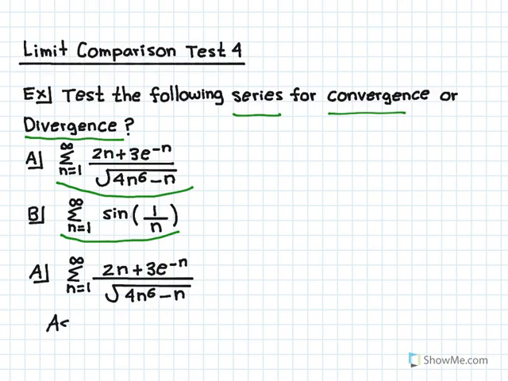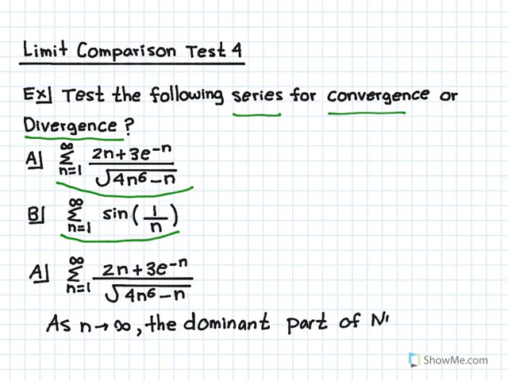Notice as n goes to infinity, the dominant part of the numerator is 2n, because this part 3e to the minus n is going to approach 0 as n goes to infinity. 3e to the minus n is equal to 3 divided by e to the n, which will approach 0 as n goes to infinity. Now let's look at the dominant part of the denominator.